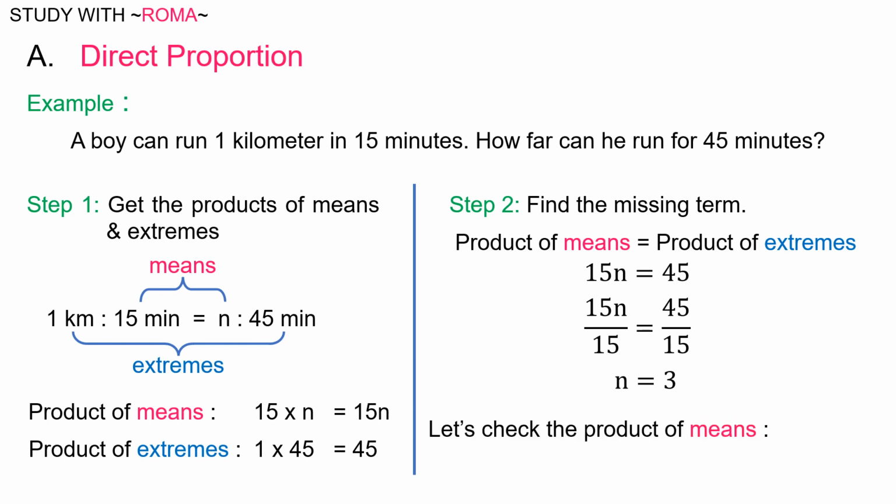To check our answer, check the product of means. 15 times n is equal to 15n is equal to 15 times 3, which is 45. The product of means is equal to the product of extremes. Therefore, n is equal to 3.